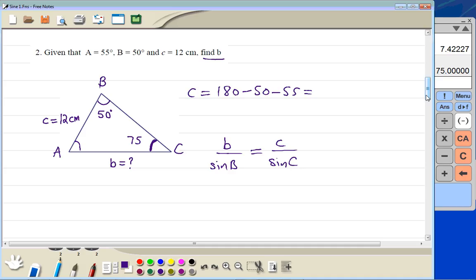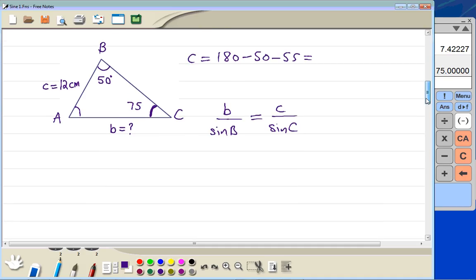As before, make this little b the subject. So what you need to do is multiply both sides by sine B, and this sine B from the bottom will cancel. So just to show you again, we are multiplying sine B to the left hand side fraction.